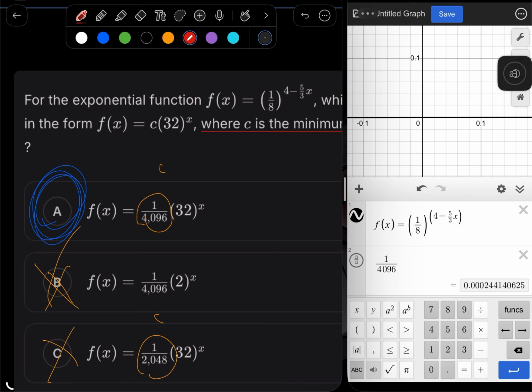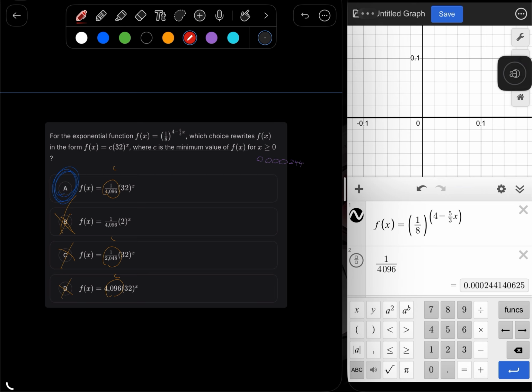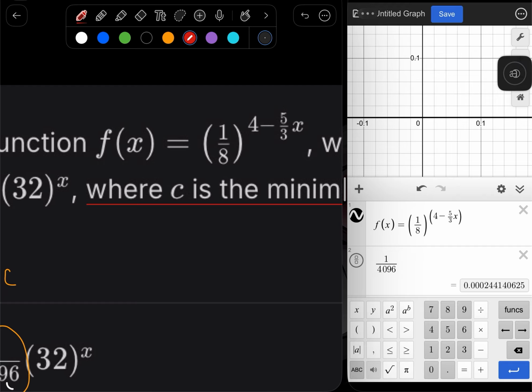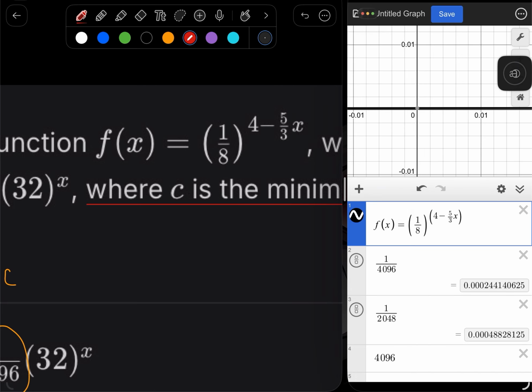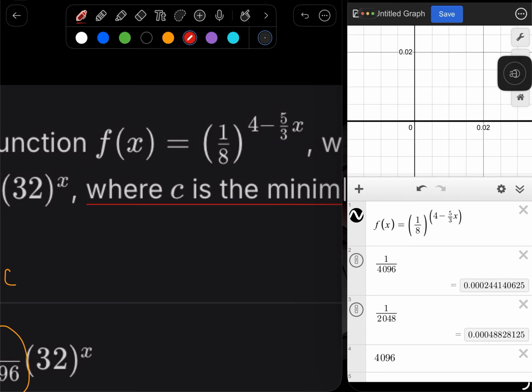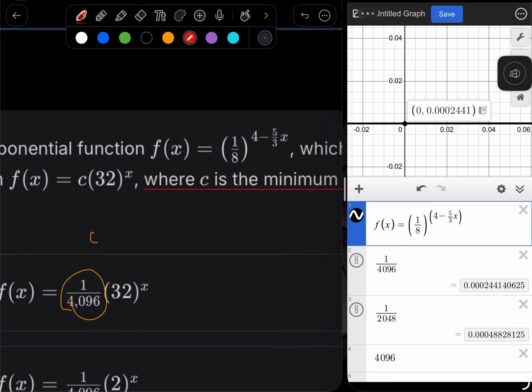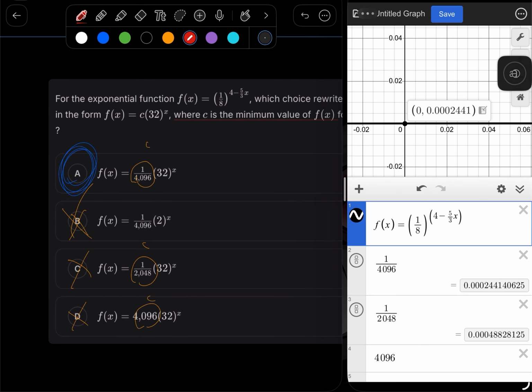After that, you have to find that value of c, and in this case, it's easy because they tell you that c is a minimum value, and you can just graph this function on Desmos and look at what the minimum value is at x equals 0. Once you do that, you will get a decimal, and you have to match which coefficients match up to that decimal, and that will be your answer. So in this case, our answer choice here is A.